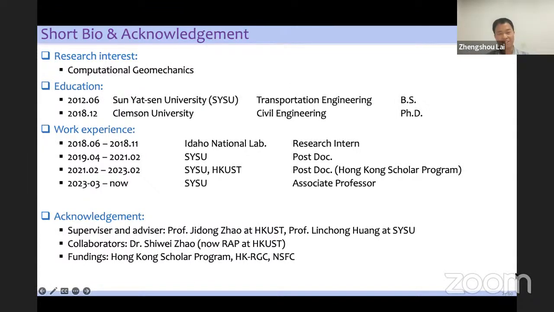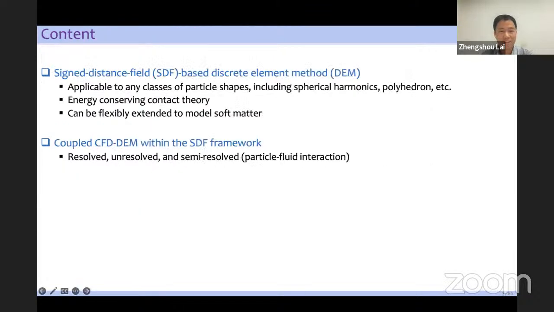Okay. Thank you, Jiaoyan, for the introduction, and thank you, Professor Zheng, for the invitation and for organizing this excellent event. As Jiaoyan has already given the introduction, I will skip this page. Today I will talk about two topics.